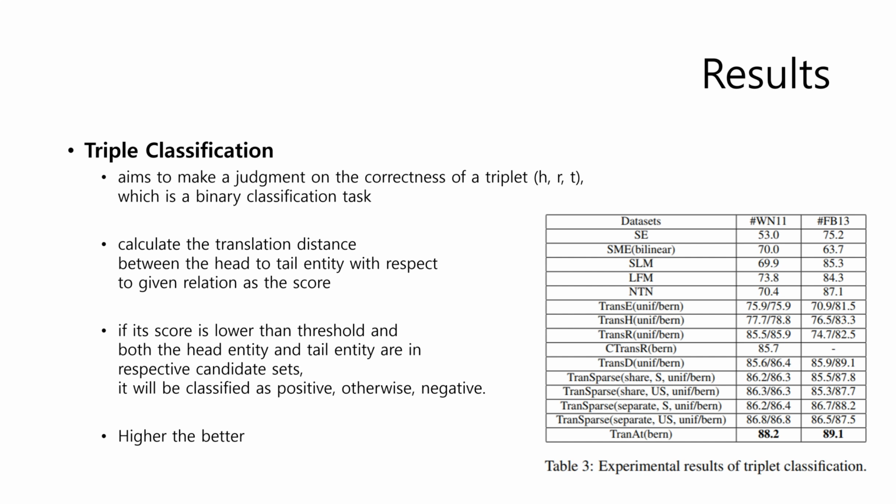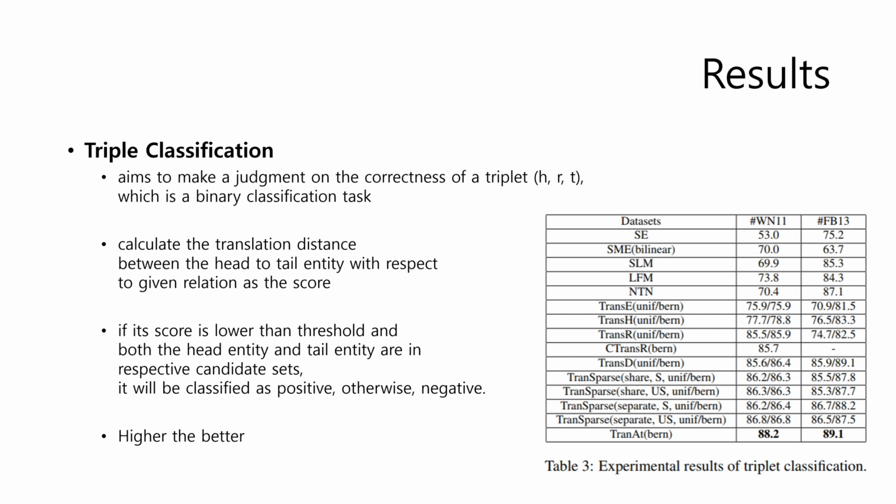Triplet classification aims to make judgments on correctness of triplet HRT, which is a binary classification task. The test set of WN11 and FB13 contains positive and negative triplets.